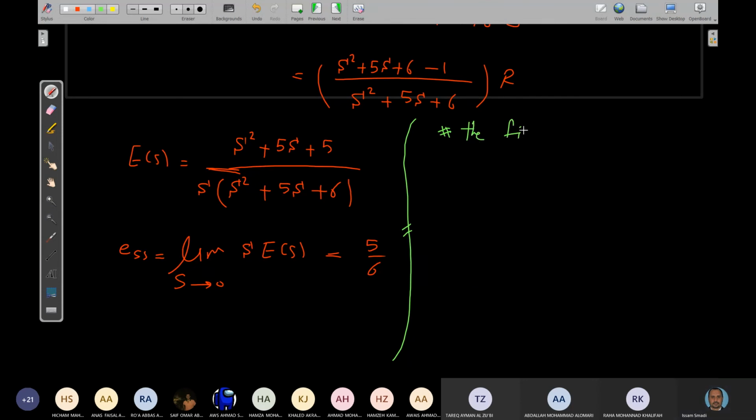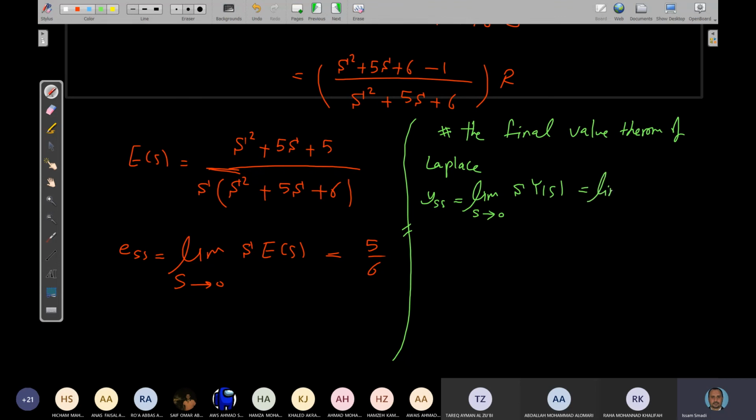So here I will write for you the final value theorem of Laplace, which states that y steady state is equal to the limit when s goes to 0 of s y of s, and this actually is identical to the limit when t goes to infinity of y of t.